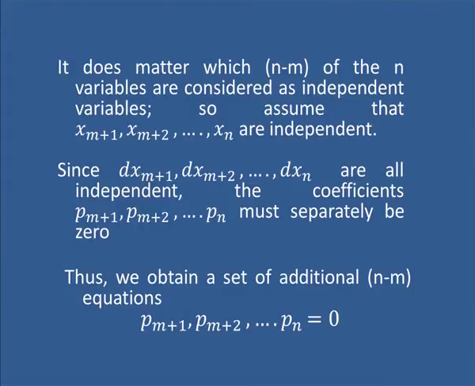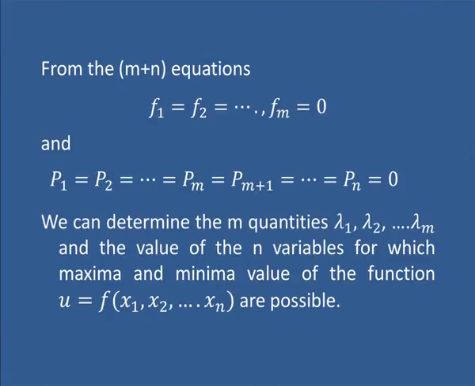Since dx m plus 1, dx m plus 2 and so on up to dx n are all independent, the coefficients p m plus 1, p m plus 2 and so on up to p n must separately be 0. Thus, we obtain a set of additional n minus m equations: p m plus 1, p m plus 2 and so on up to p n is equal to 0 separately.